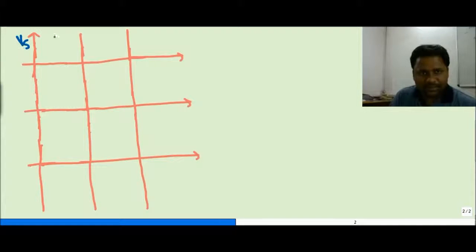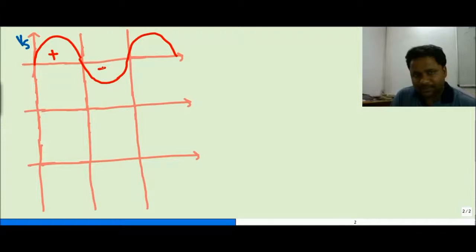This is our source voltage, and this source voltage is basically alternating cycle like this fashion, plus minus plus. This is our output voltage, and this is our output current or IC current. Similarly, the voltage of a capacitor.